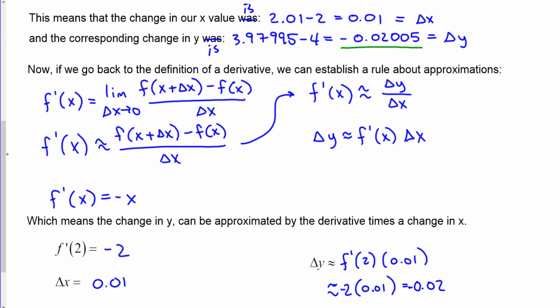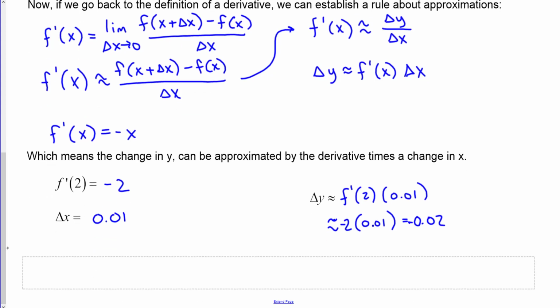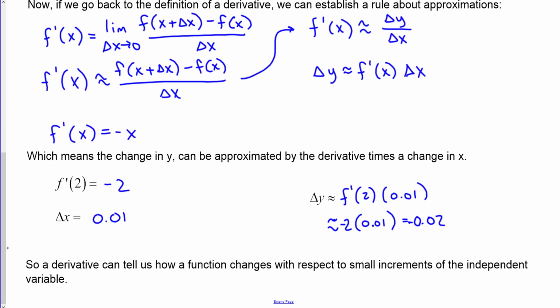So this is a way that we can use a derivative. So you might be wondering how this could be useful. And the way that this could be useful is sometimes when you're modeling using mathematics in the real world, you can find out how things are changing, but you can't exactly determine where pieces are.